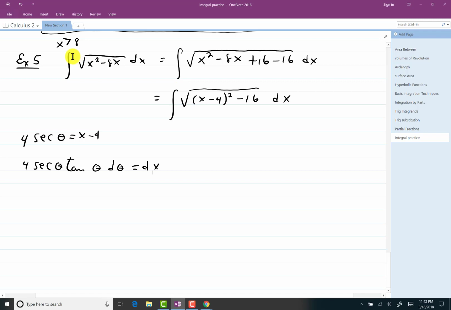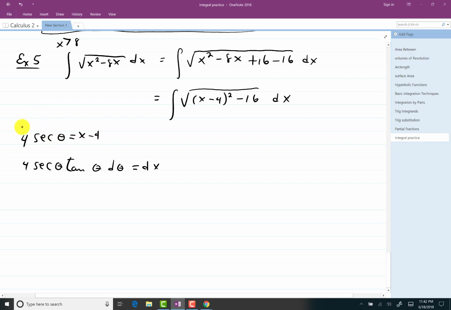So as long as x is greater than 8, this piece right here is more than 16, so we're going to have a positive number. That's good because secant itself has a range that goes from negative infinity to negative 1, union 1 to infinity. With the 4 in front of it, it'll go from negative infinity to negative 4, union 4 to infinity. Since we only have to cover 8 to infinity, this is good enough.